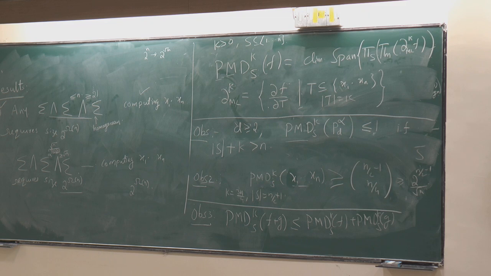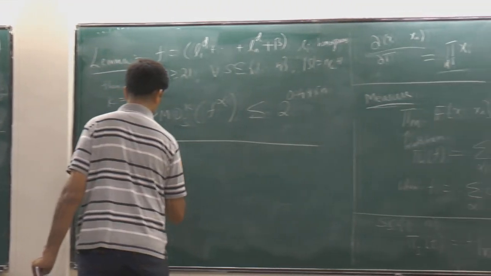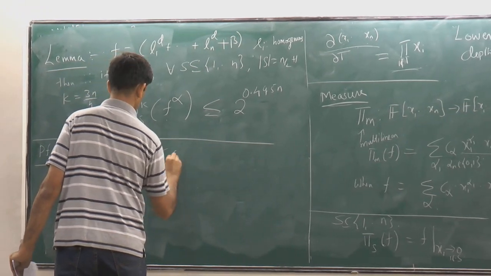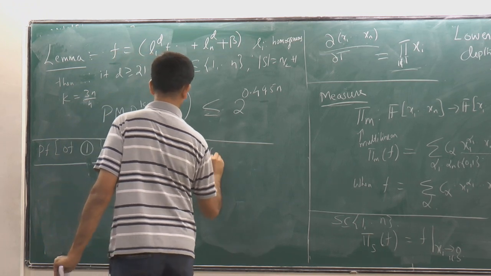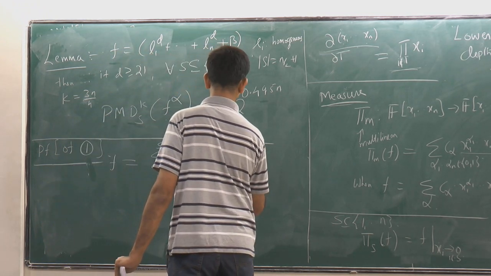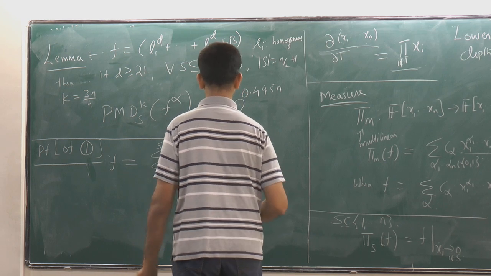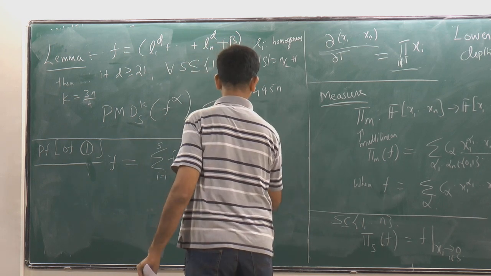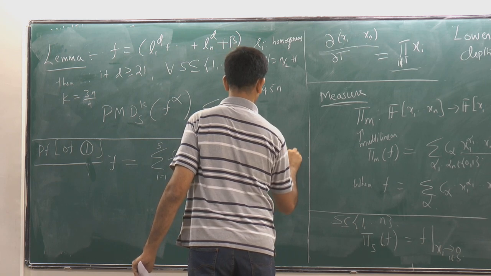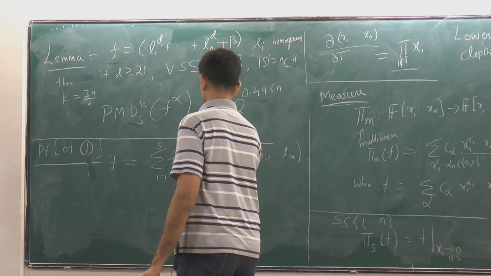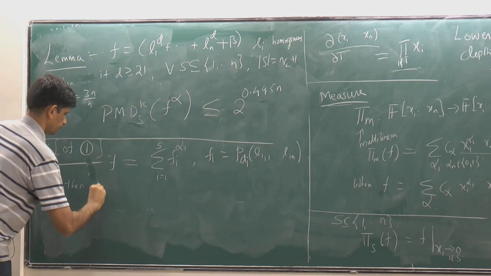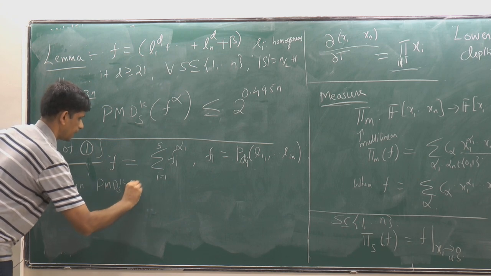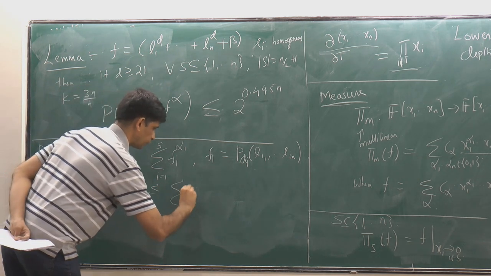So let f be any polynomial written as a sum of fi, where fi is some projection, say, of the product of li1 to lin, raised to the alpha i. Then PMD k, S of f is at most the sum of the individual dimensions.